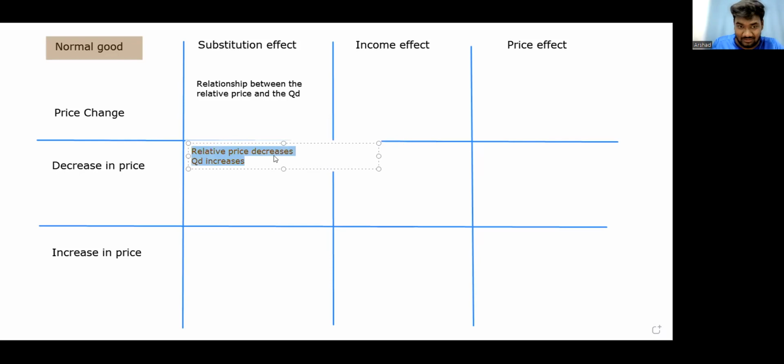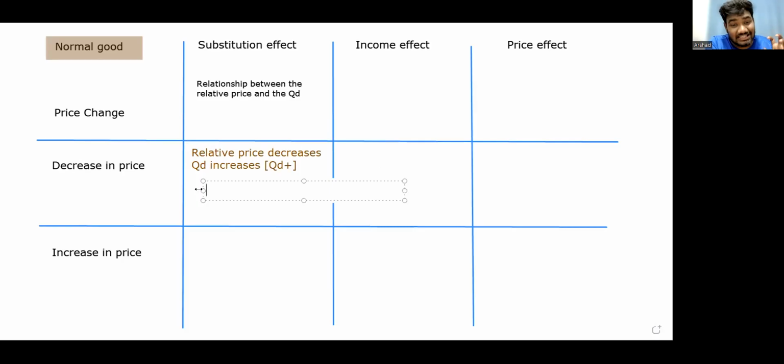So within brackets, I will say QD is a plus. What type of relationship is over here? Relative price decreasing, quantity demanded increasing. Is it a positive relationship or a negative relationship? It's a negative relation. So is that clear, guys?